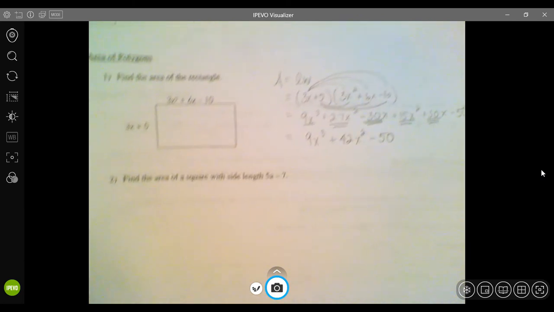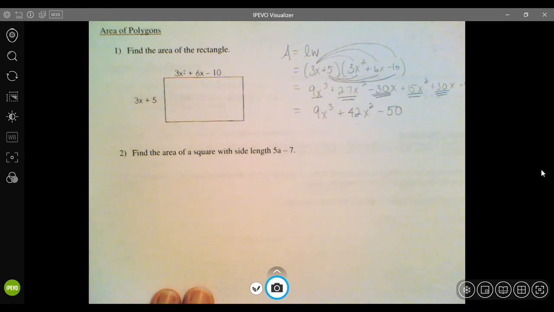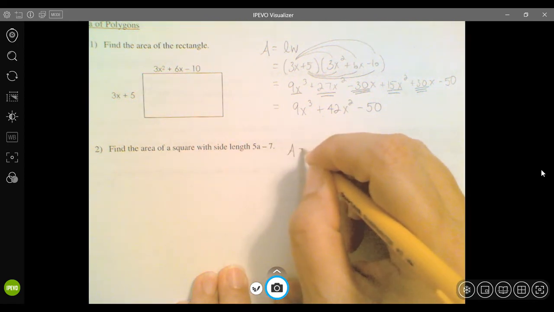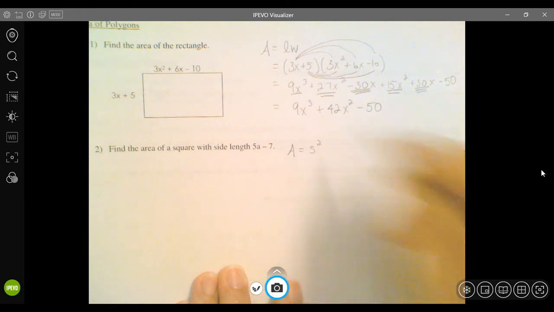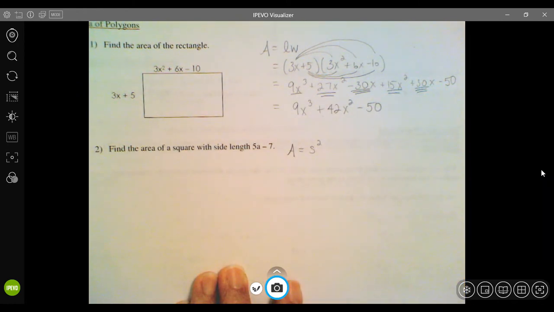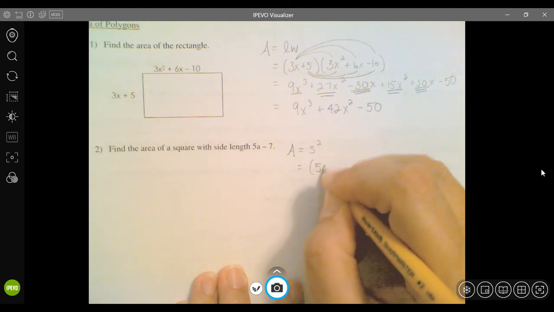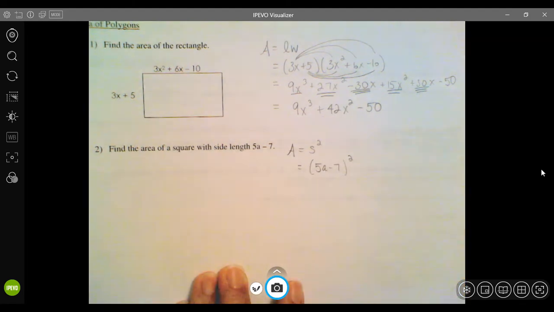All right. Find the area of a square with side length 5a minus 7. So I believe the formula sheet tells you that the area of a square is s squared, where s represents the side length. So we're going to take 5a minus 7 squared.